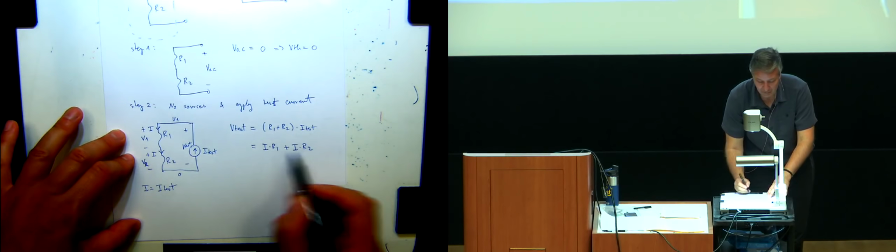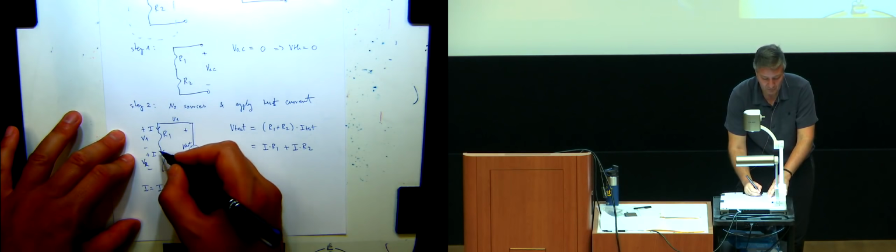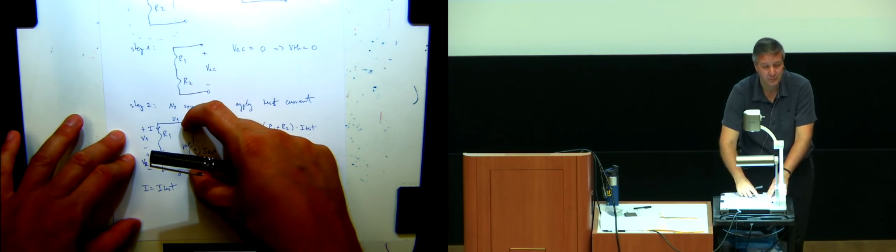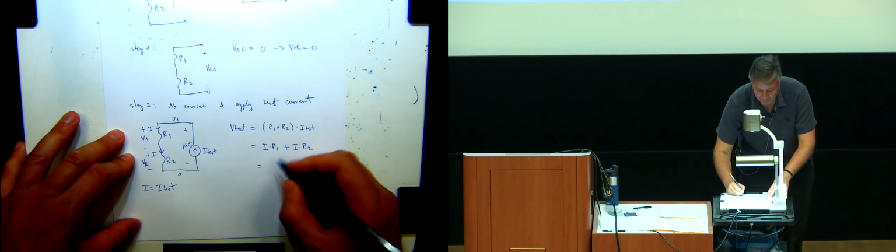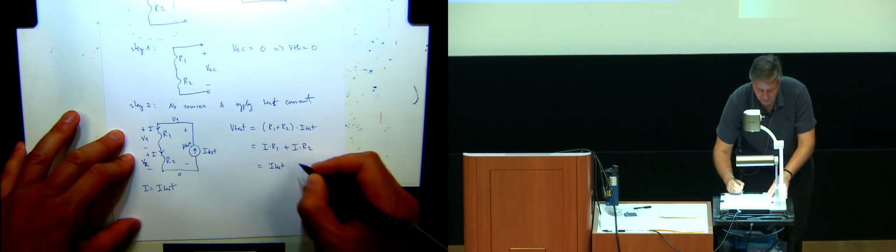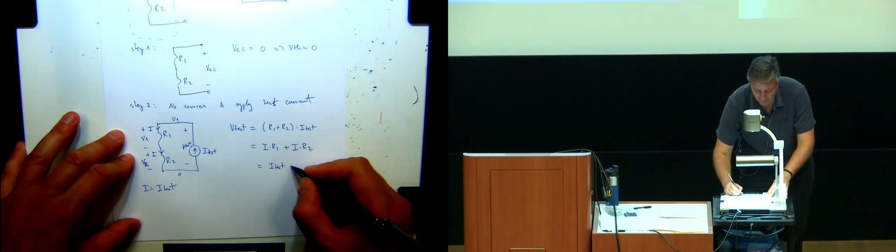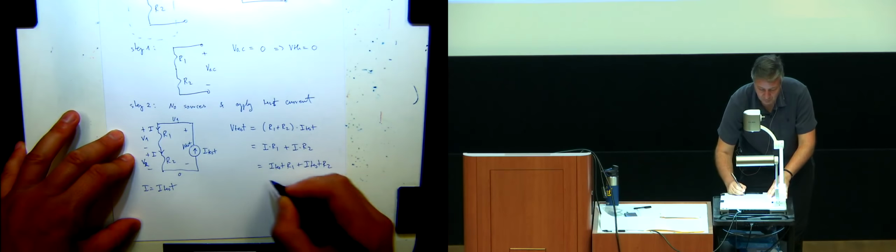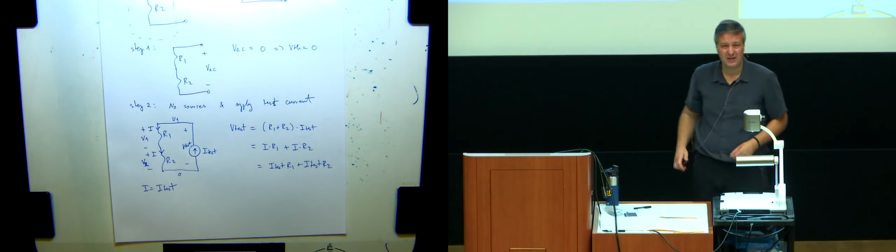So this now is KVL. I'm going from here, V2, V1, and I'm here. So that's my V test. And now I just substitute. I test is the same as I, so then I test R2. And I get my first equation. Does that make sense?